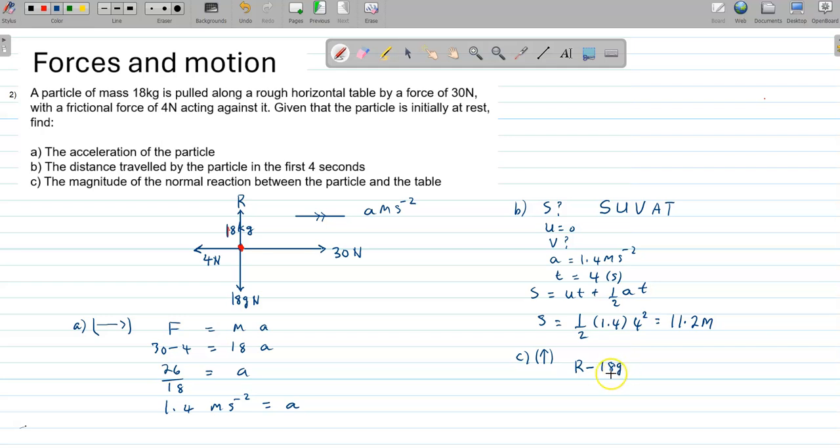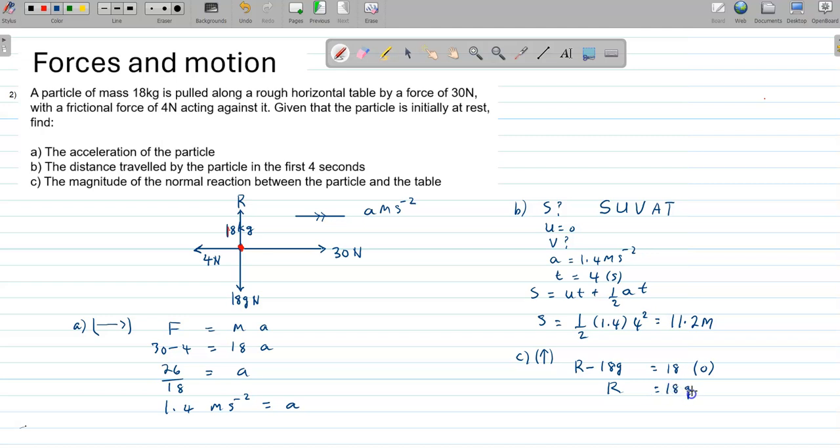Weight is mass times gravity, so it's 18G, and that would equal the mass, which is 18 kilograms, times the acceleration. So when we resolve in the vertical direction, the acceleration here would be 0. Hence R is equal to 18G.